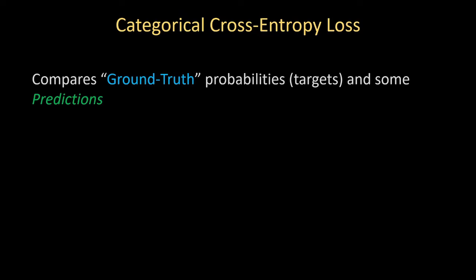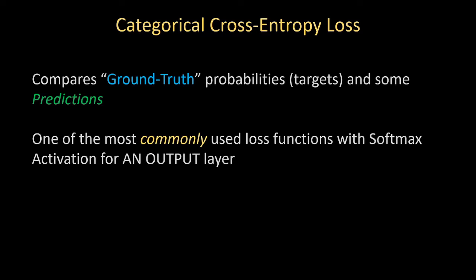It's what is the actual real truth that's currently happening. That's what we're talking about. So we're comparing the ground truth probabilities, or targets, and then some predictions. And it's one of the most commonly used loss functions with softmax activation for an output layer.